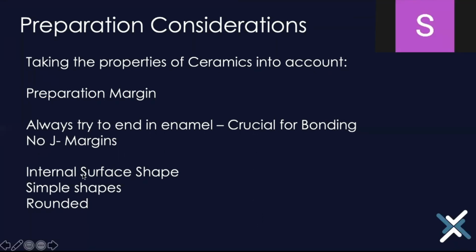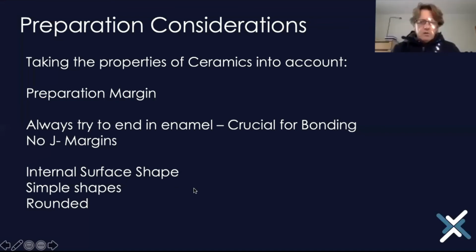Okay. Then in terms of the internal shapes of your crown preps, whether it's a posterior crown or anterior crown, when you prepare a crown, you need to have simple shapes. Don't know who of you remember Prof. Hannes Nel from Pretoria. He used to say, ceramic dentistry is a license for bad dentistry. And you have to put that into context.